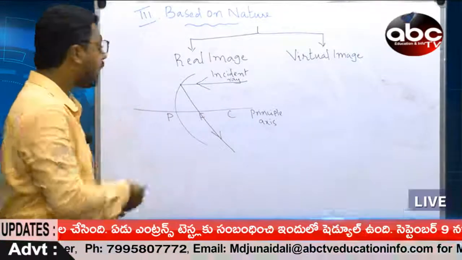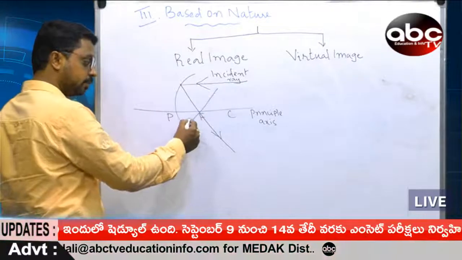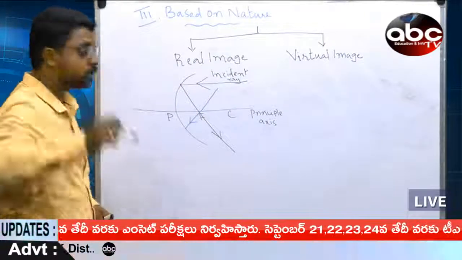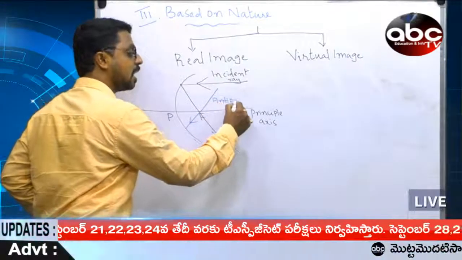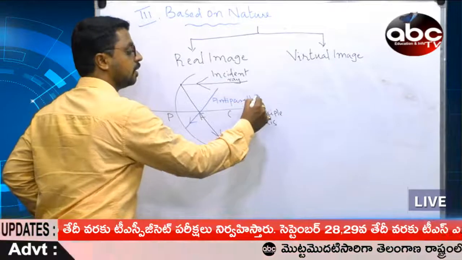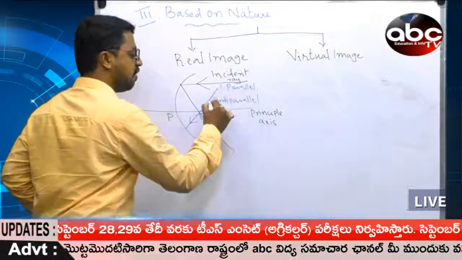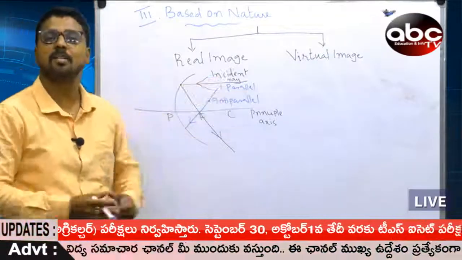Whereas if you take another ray, do you see the difference? This one is anti-parallel, and this one is parallel. So now we are differentiating between parallel and anti-parallel rays.